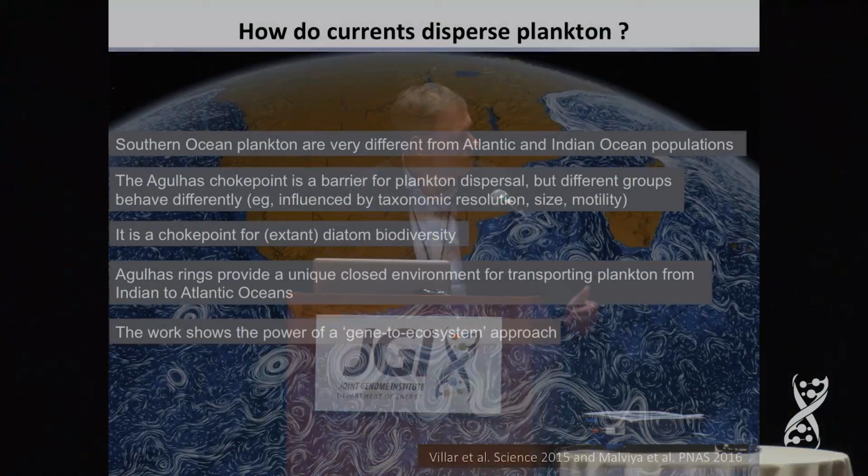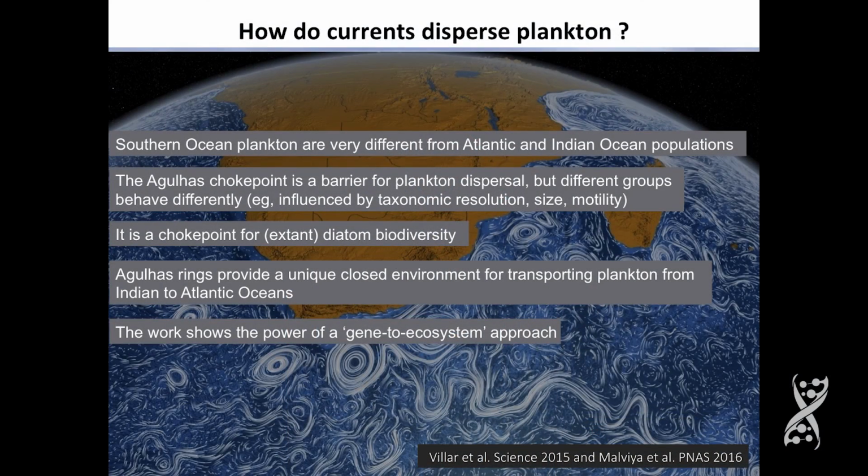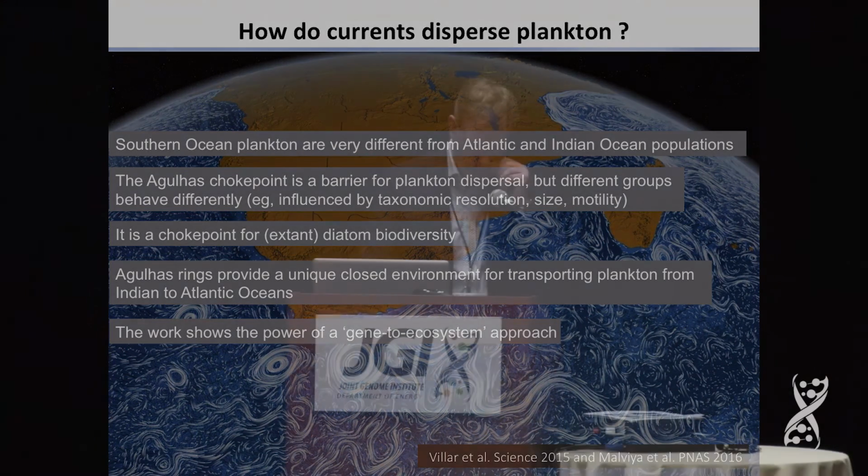How that bottleneck affects the plankton is very much dependent upon the size of the plankton, whether they're motile, their phylogenetic characters and so on. But that was an interesting result coming out of this. And then we found that these rings, which are known as Agulhas rings, bringing Indian Ocean water into the South Atlantic, are very important for remodeling the plankton communities that are in there. That again was published as part of the special issue of Science.